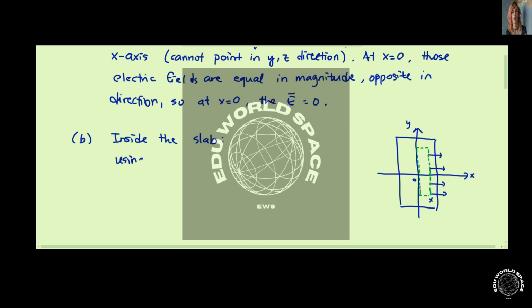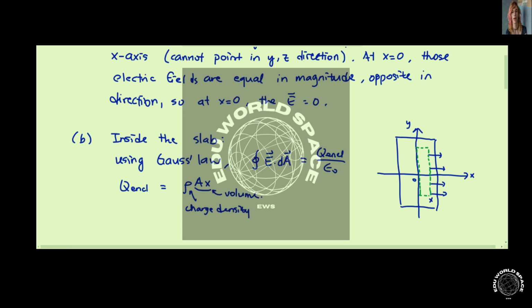Using Gauss's law, the surface integral of the electric field across the Gaussian surface is equal to the charge enclosed divided by epsilon naught. The charge enclosed is rho times A times x, the charge density times the volume.